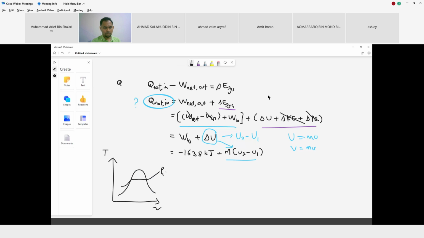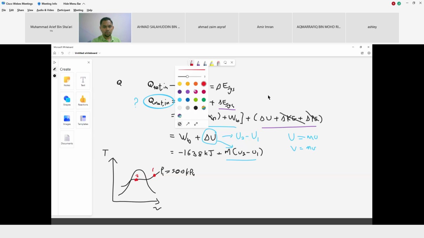P1 sama juga dengan 500 kilopascal. Okay. Then state 1 di sini adalah superheated vapor. Dan state 2 sini, dia adalah saturated liquid vapor mixture.